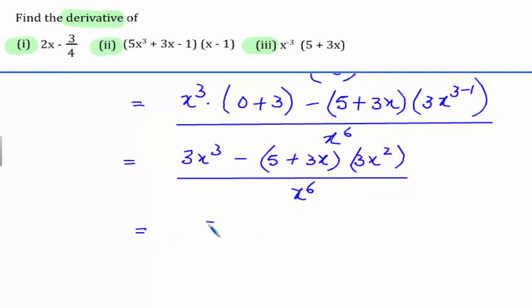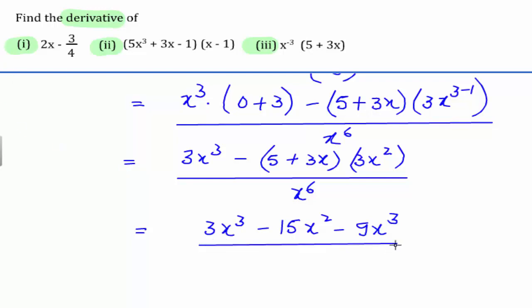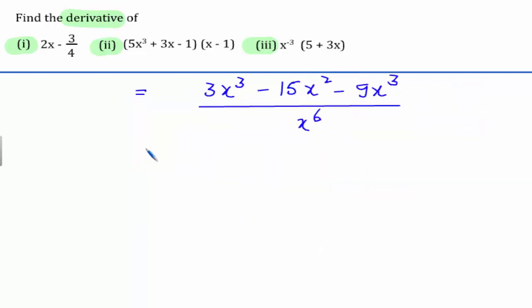Then we have 3 3s are 9, 9x^3. Then we have minus 9x^3, whole divided by x raised to the power 6. Now this is further equal to minus 6x^3 minus 15x^2, whole divided by x raised to the power 6.